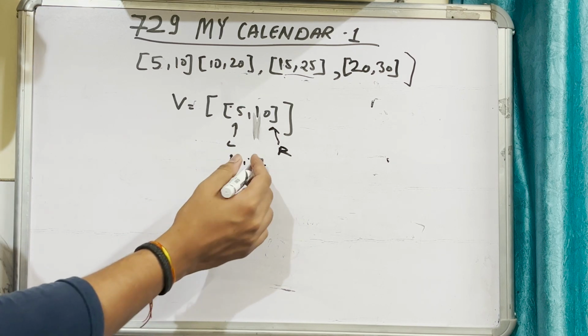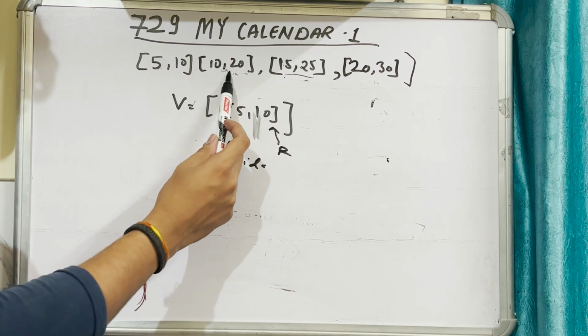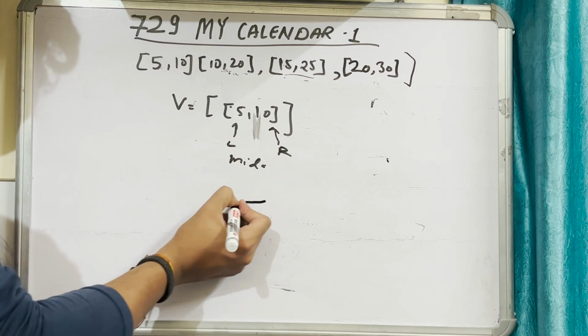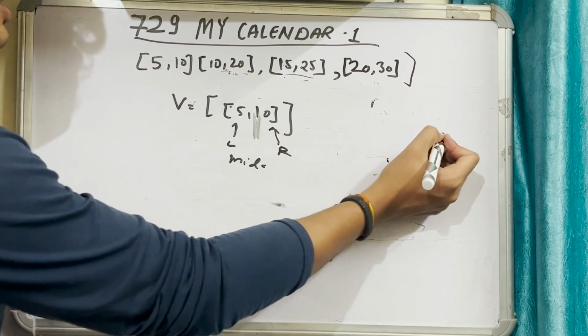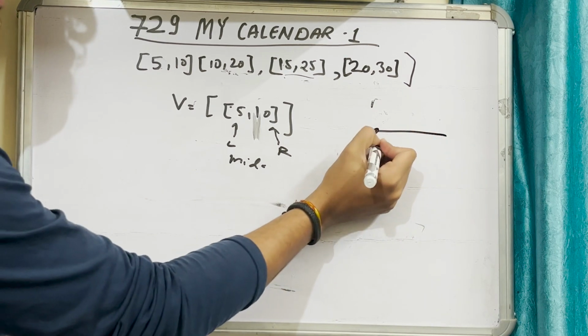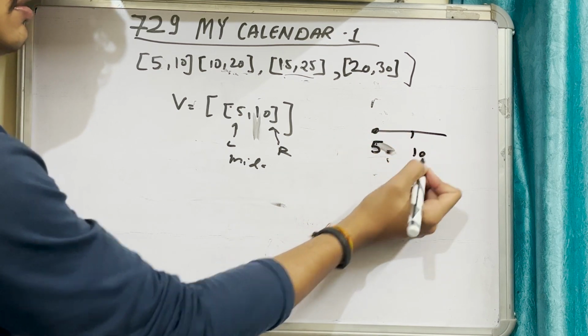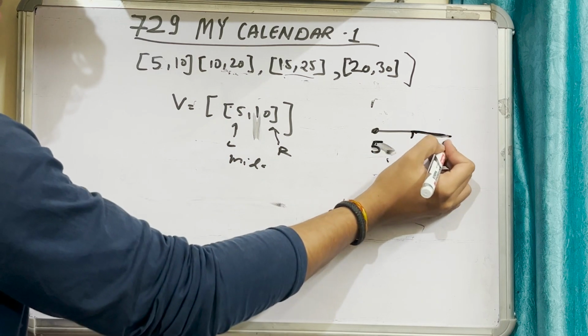So what you'll do, you'll check if the value that is coming, for example, if I explain through a number line, so let me write it on this side so you can get it better. The number that we are having is 10, 20. So 10, 20 will be somewhere here.